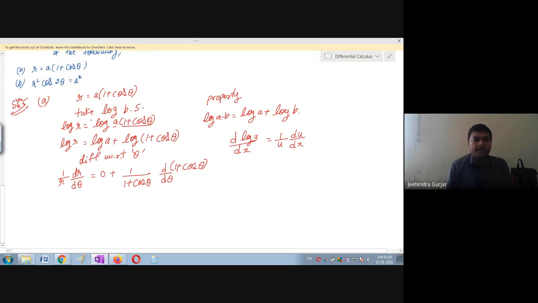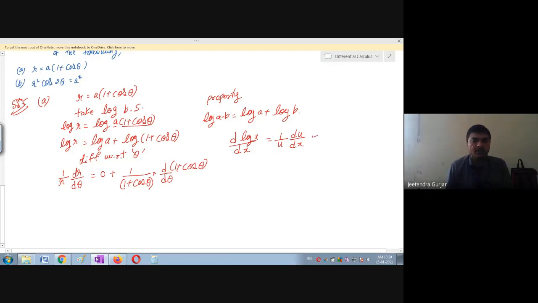We took log on both sides. Then by differentiating, we get 1 upon r dr upon d theta equal to, as log a is a constant, 0, plus 1 divided by 1 plus cos theta into the differentiation of 1 plus cos theta, using this formula.